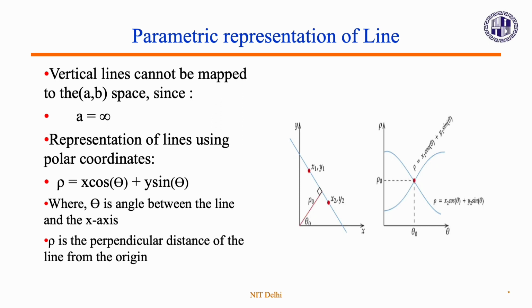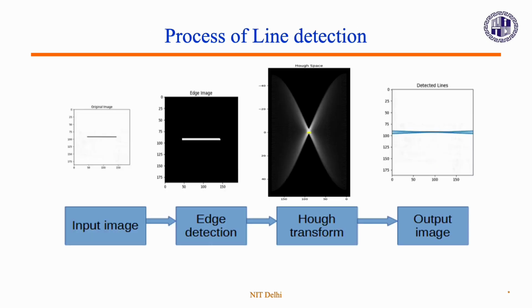This line, in its corresponding half space representation, will produce a cosine function instead of a straight line.